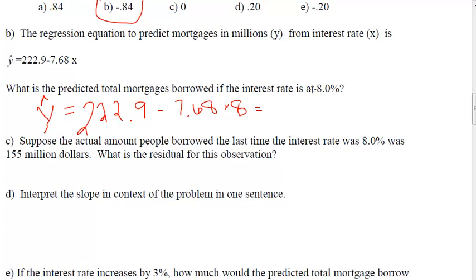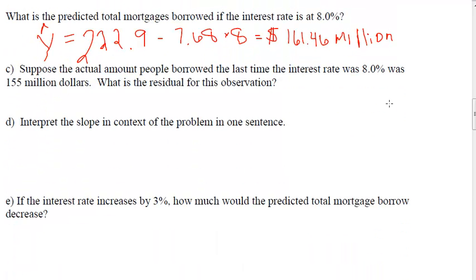And that's equal to, and now the units are millions of dollars, 161.46, and that's million. Okay, so that's my predicted mortgage borrowed if the interest rate is 8%.